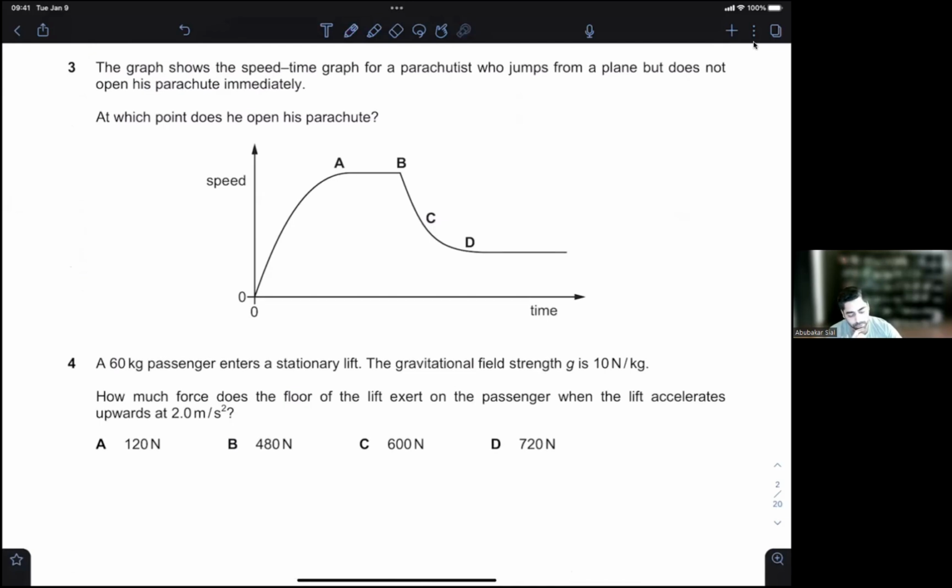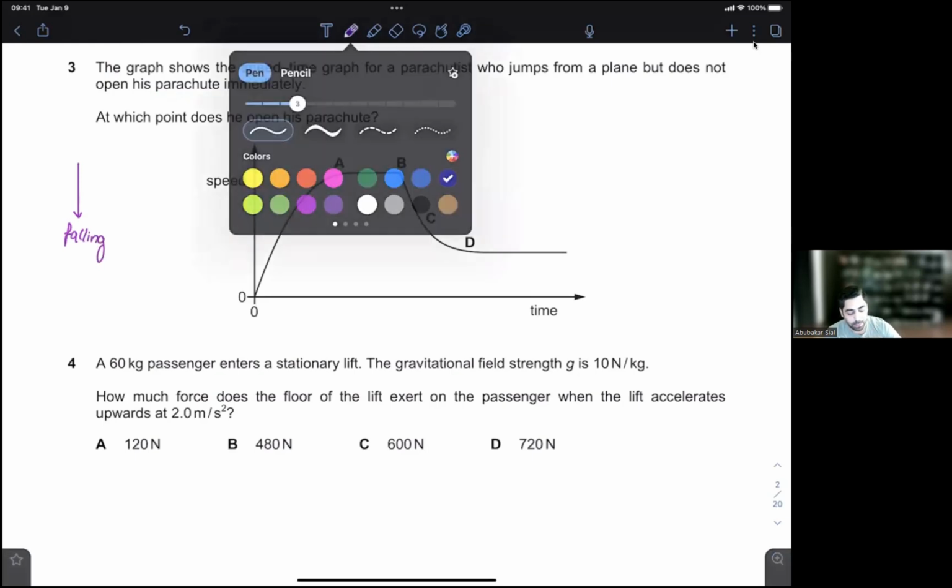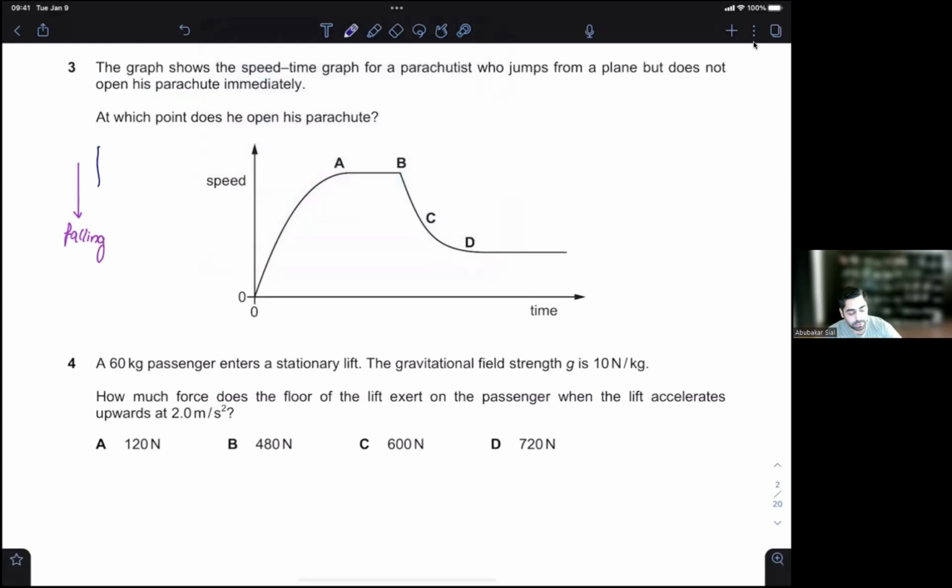Now over here, we have a speed-time graph, and they want to know where the point is where he opens the parachute. When the parachutist deploys the parachute, we know that the key thing is that he's basically falling downward, and the acceleration at the instant where he opens the parachute is in the upward direction.